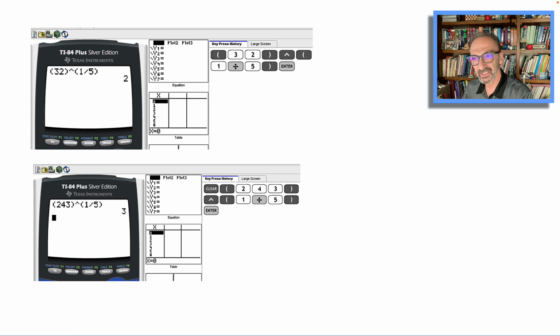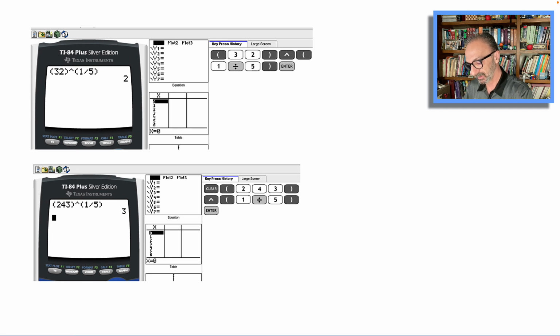To be on the safe side, use parentheses for everything right here. Hit enter, and those are the keys that I'm using. You will get 2. And the denominator is 243 to the power 1/5. That means the fifth root of 243. Hit enter, and you'll get 3.